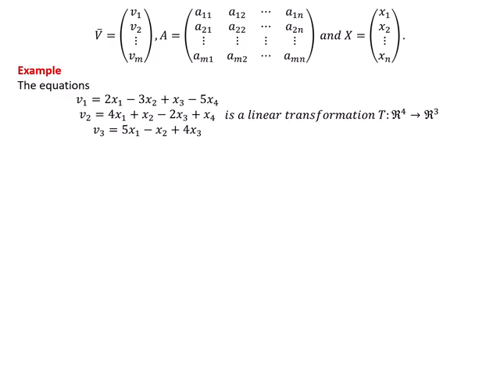Your 3 is your V1, V2, and V3, while your 4 is your x1, x2, x3, and x4. So this is a linear transformation because we are going to have the image as V1, V2, V3.